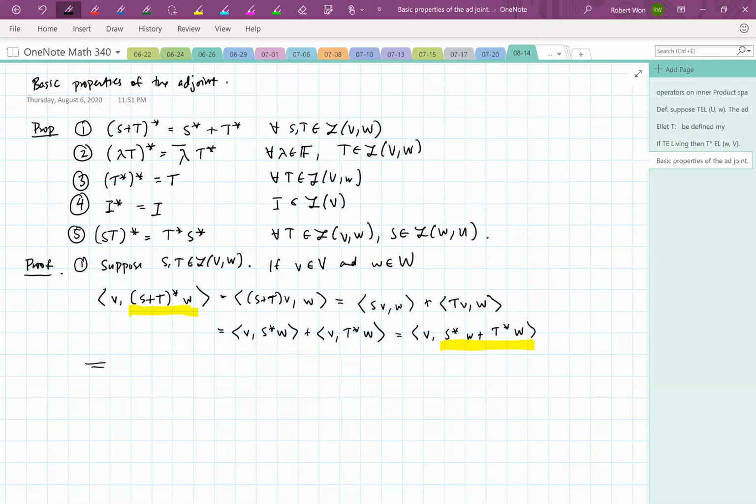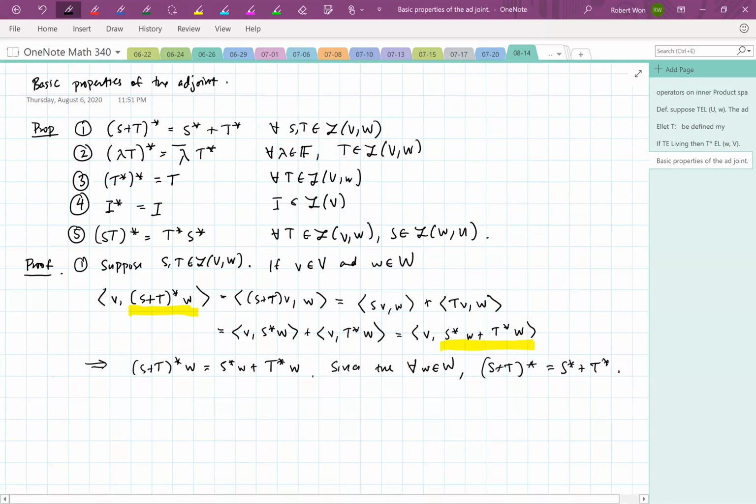So all the things that I just said imply that this equals this. And this is true for all w in W, because the w I picked was arbitrary. This means that this function equals this function, which is what we wanted to show. So again, just a little exercise in using this new definition to prove something new.